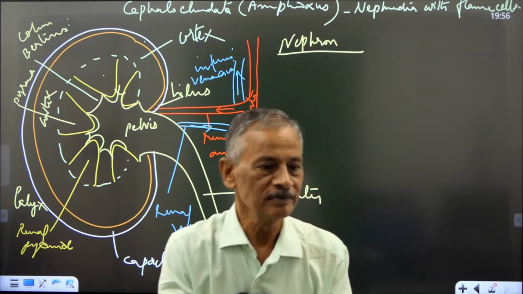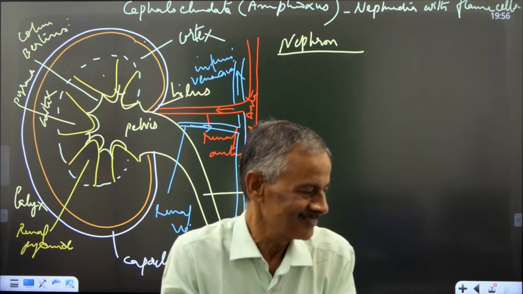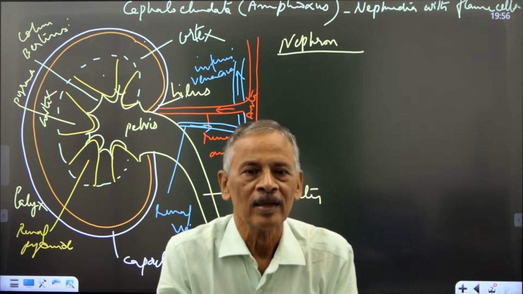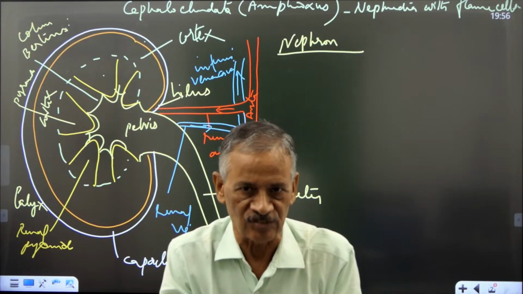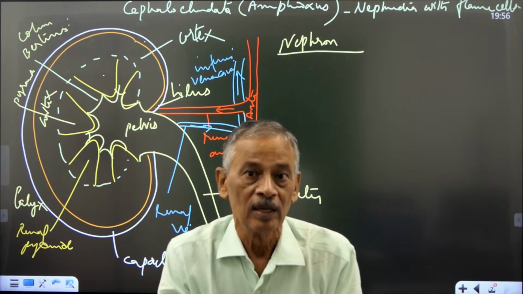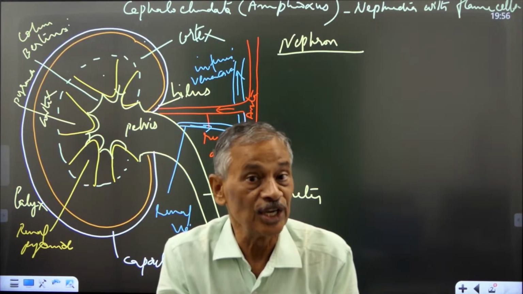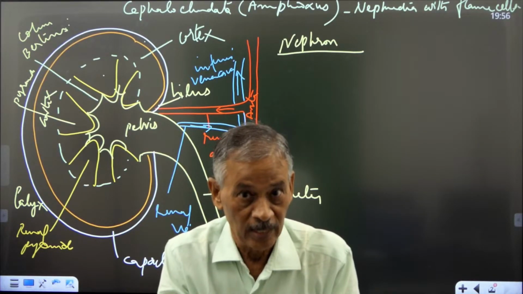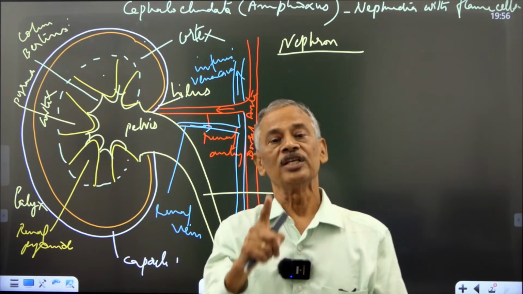After your MD, you can go for super specialty in nephrology. So, nephrons are the units by which each kidney is made up of. There will be about 1,000,000 nephrons in each kidney.